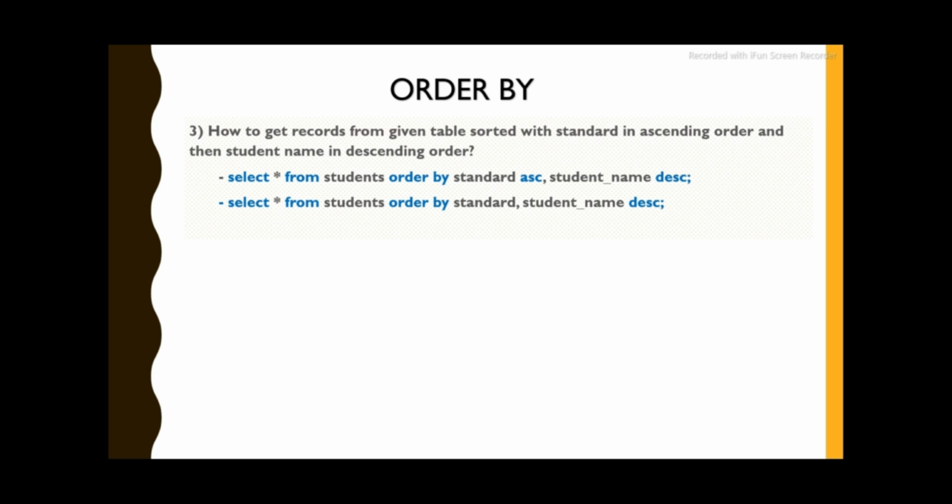Let's move forward. How to get records from given table sorted with standard in ascending order and then student name in descending order. So it can be achieved through the query select star from student data order by standard ASC, student name DESC. Here keyword ASC is optional as we know.